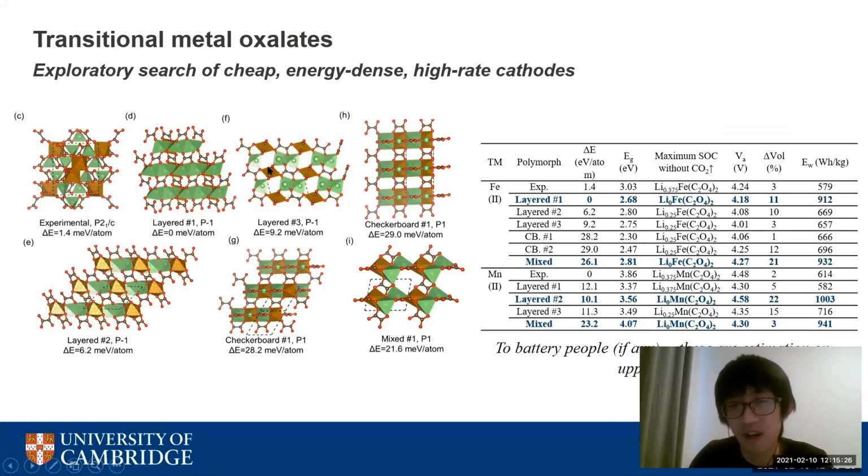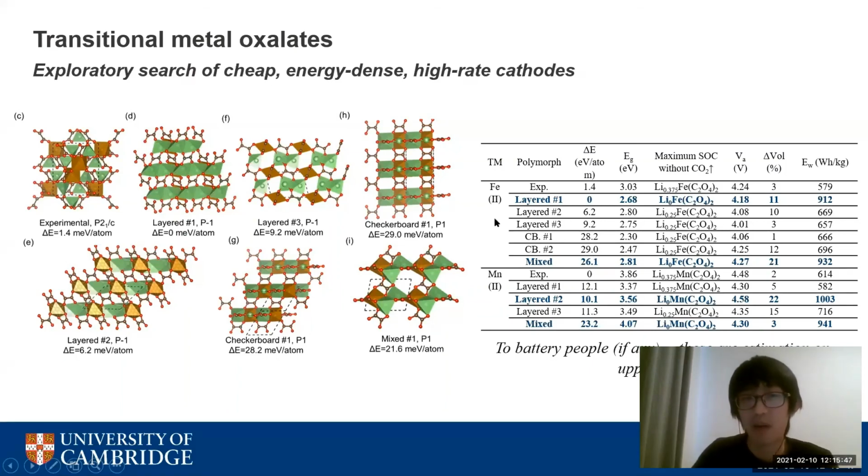Like this layered one I proposed with low energy, it is about 900 watt-hours per kilogram. It's comparable to state-of-the-art cathode materials, but bear in mind, this material is made of iron, oxygen, lithium and carbon. This material is really cheap.